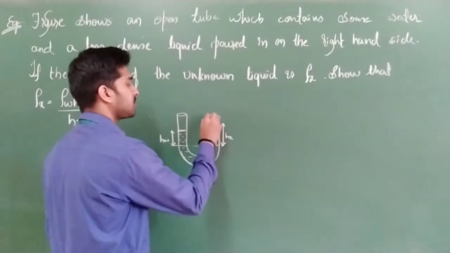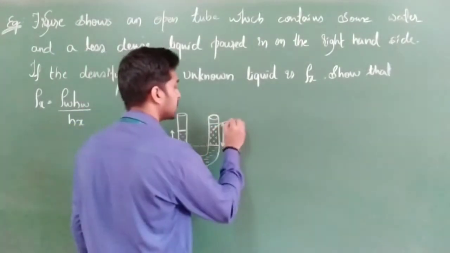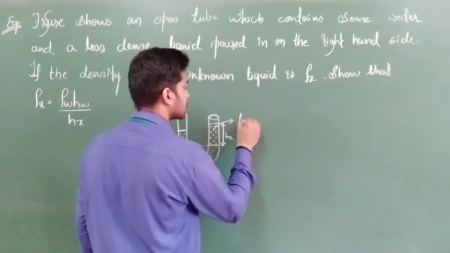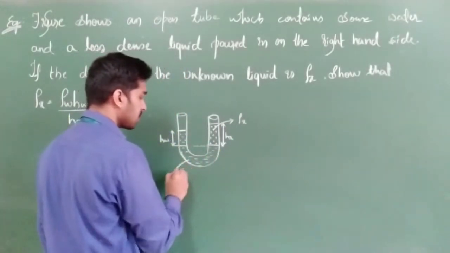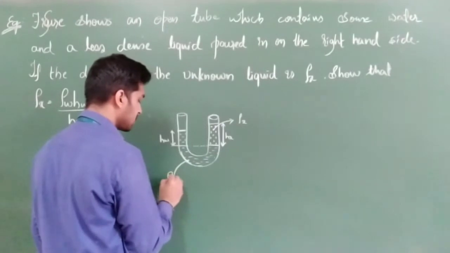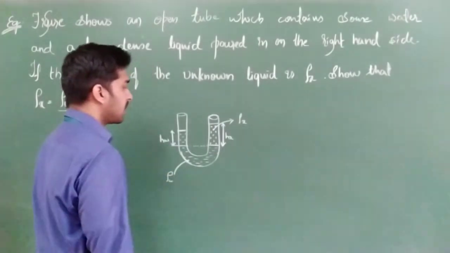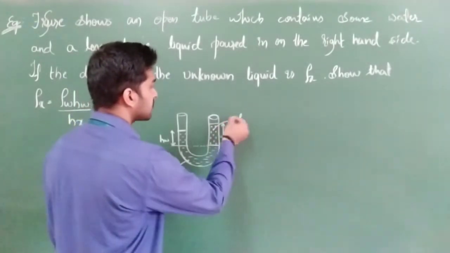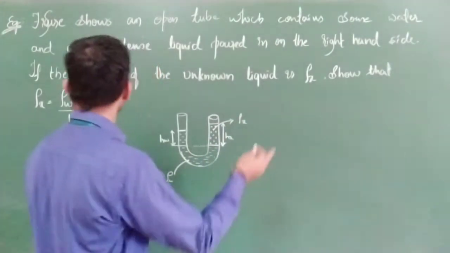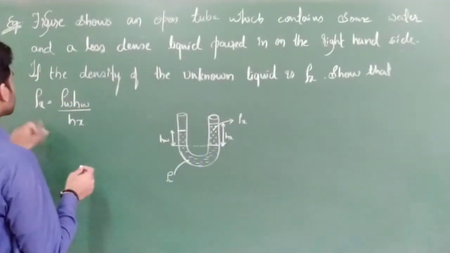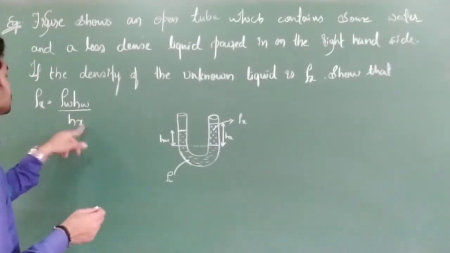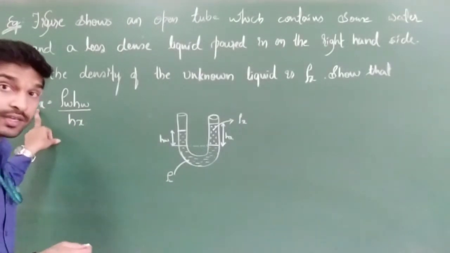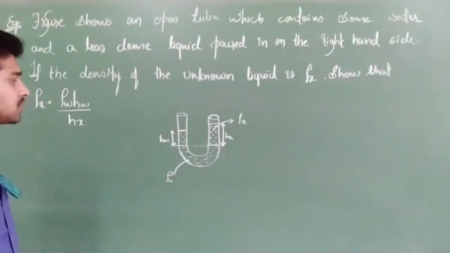The density of the water is rho w, the unknown liquid is rho x, and we have to prove this, where rho stands for density. Shall we go for the solution?